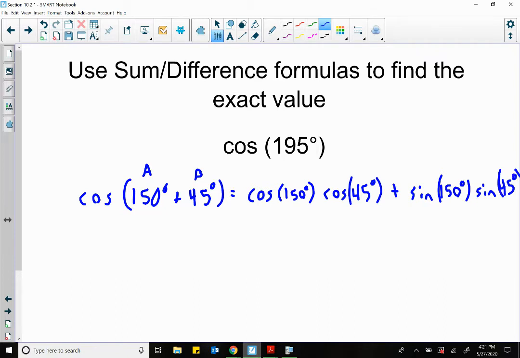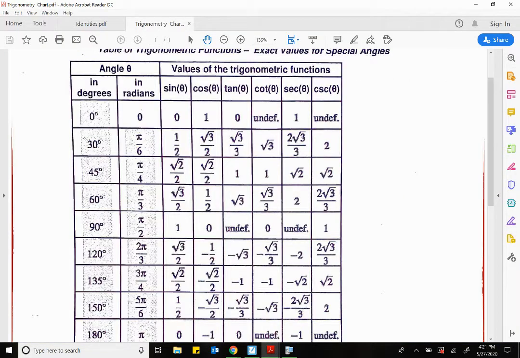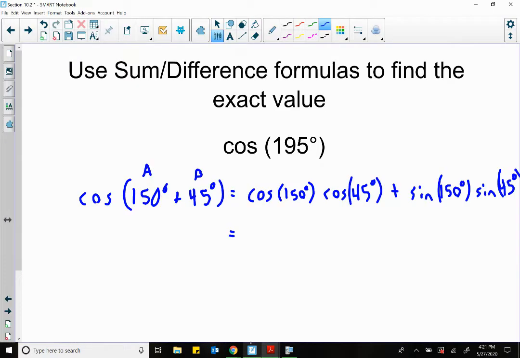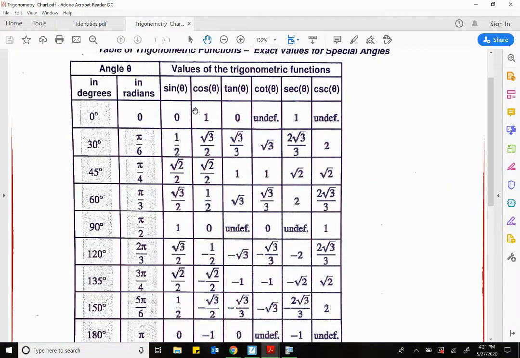And we know what all these answers are. We just go to our Bible, our chart. Cosine 150 is negative square root of 3 over 2. Cosine 45, just like last time, square root of 2 over 2. Plus sine 150, I believe, is a positive a half.